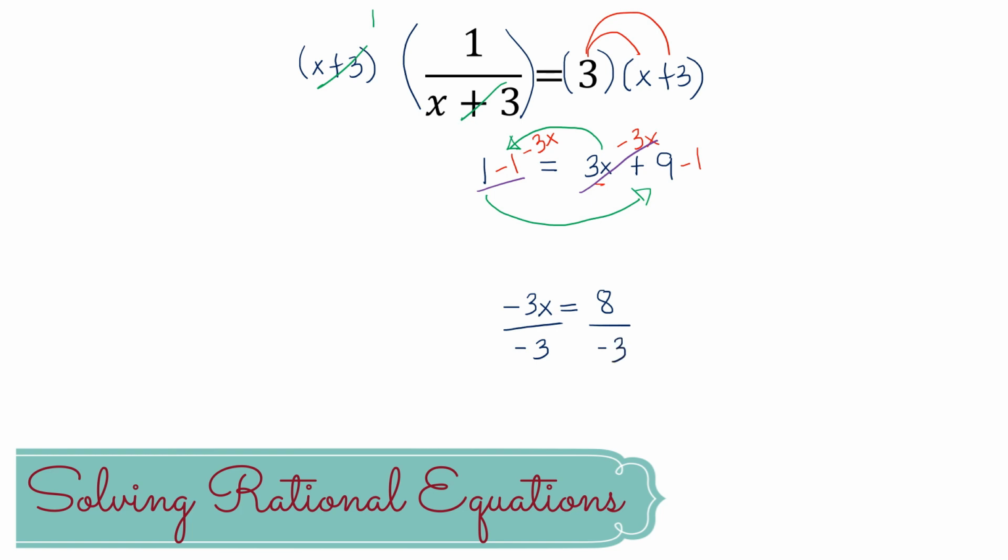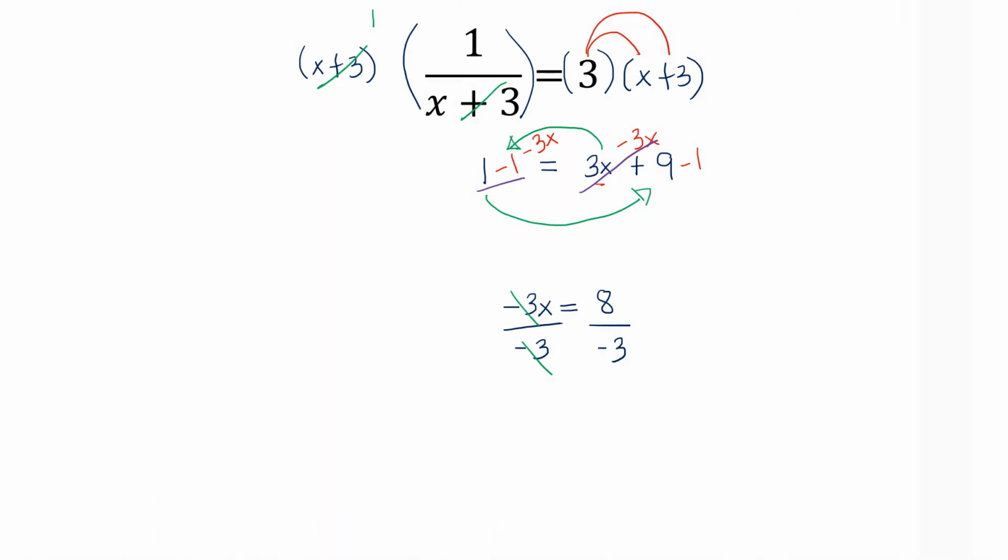Okay? So negative 3 divided by negative 3 is positive 1x, or simply x. And positive divided by negative is negative 8 over 3. And that's already simplified. Therefore, the value of x is negative 8 over 3.